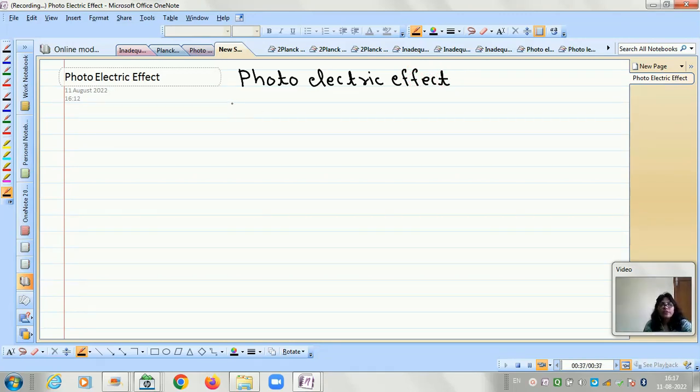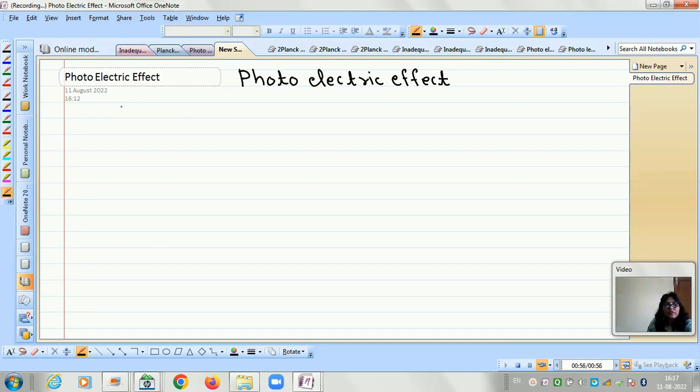So let us first see what is the definition of photoelectric effect. It is defined as when light falls on a metallic surface, then electrons are emitted from the surface, and this phenomenon is termed as photoelectric effect.